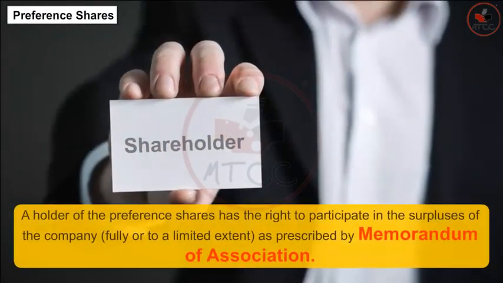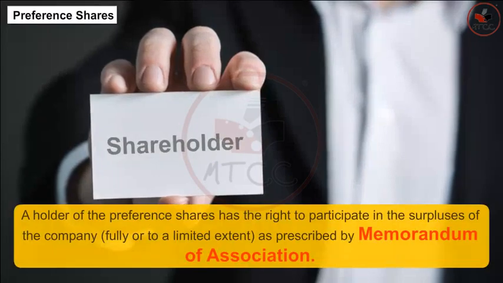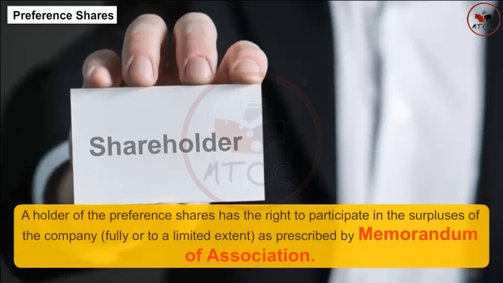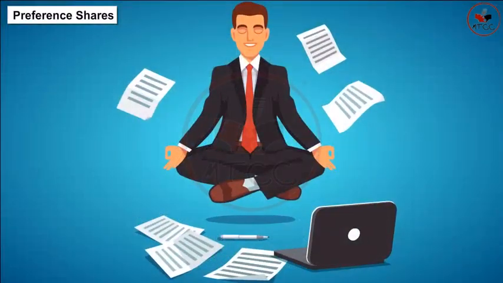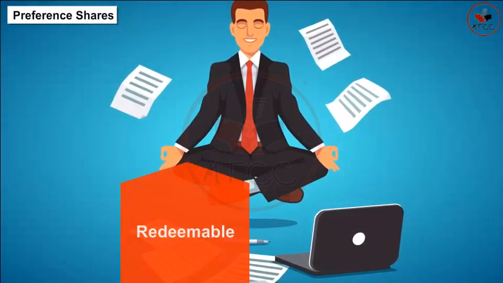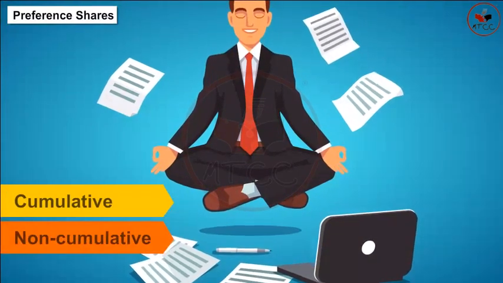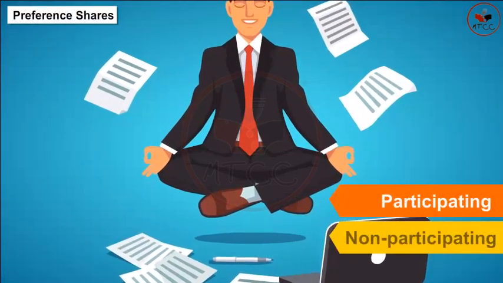A holder of preference shares has the right to participate in the surpluses of the company, fully or to a limited extent, as prescribed by the Memorandum of Association. These shares can be redeemable or irredeemable, cumulative or non-cumulative, or participating or non-participating.